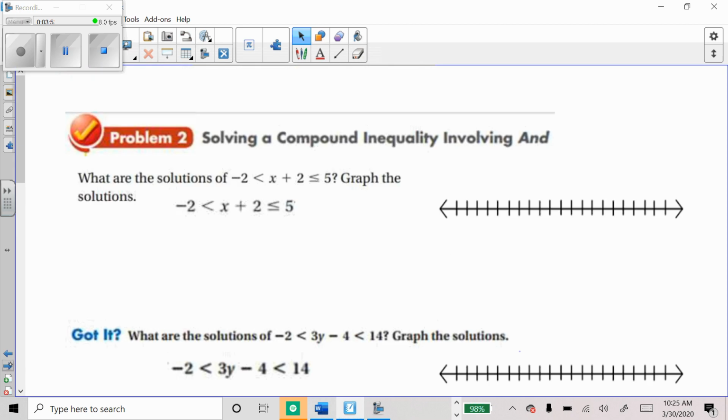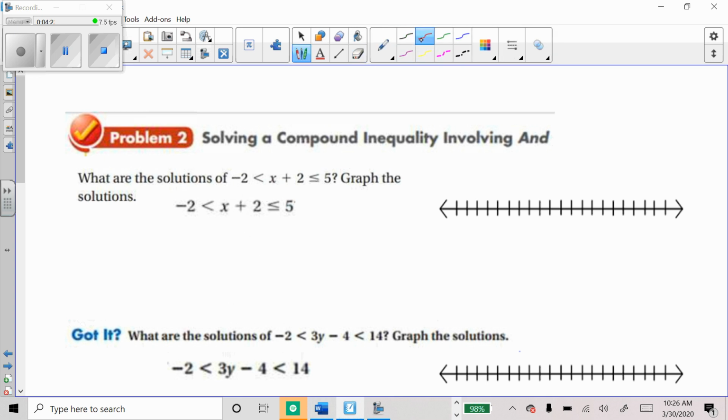All right, you can solve a compound inequality just like you solve normal inequalities. And in fact, in a situation like this one, which would be an and inequality, so x plus 2 is greater than negative 2, and x plus 2 is less than or equal to 5. In order to get x all by itself right here, we need to get rid of that plus 2.